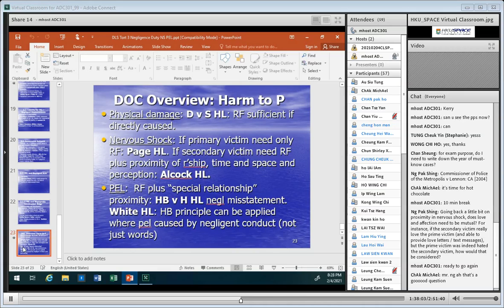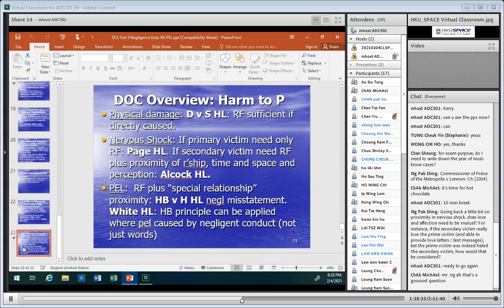secondary victim. A primary victim is one who either suffers physical injury and nervous shock, so he's affected both physically and mentally, or somebody who may not have suffered physical injury but is in the line of impact, so he might not have actually been injured, but if you're in fear of your own safety, such as, you know, a near miss, you're walking along a pavement and something falls like an air conditioner right in front of you, well, if you suffer nervous shock, then you would be a primary victim.